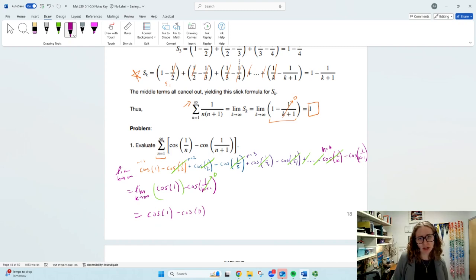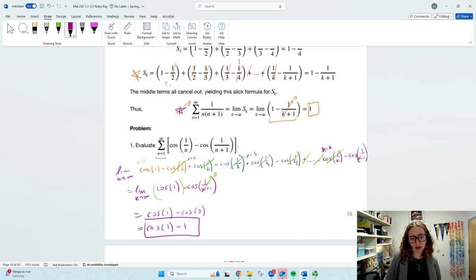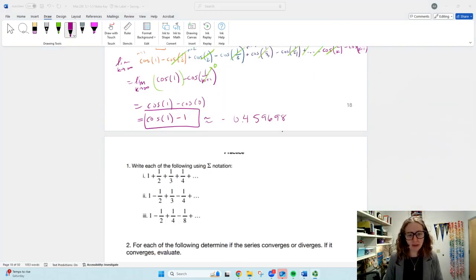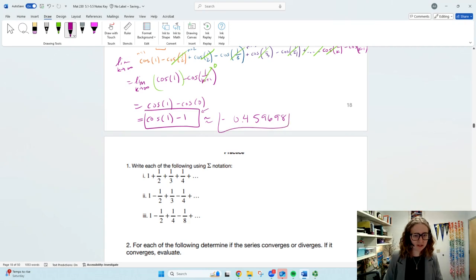Well, cosine of 1 is some weird number. I'm just going to leave it as cosine of 1 minus cosine of 0, which is just 1. That is what this summation will be, and it ends up being a very long decimal. I just prefer to write it like this, but this is a good estimate of what it would be.